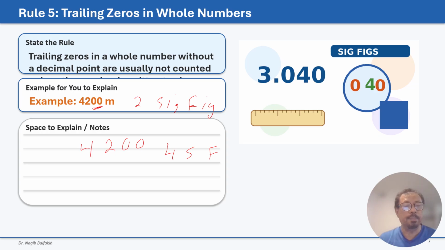And actually, if you want to know how many sig figs using scientific notation, we're going to move the decimal point 1, 2, 3, so 4.2 times 10 to the power 3. This shows you how many sig figs. Here we have only 2 sig figs.